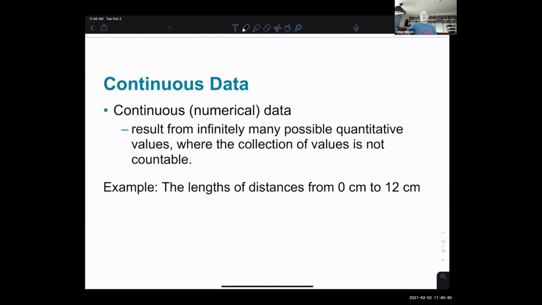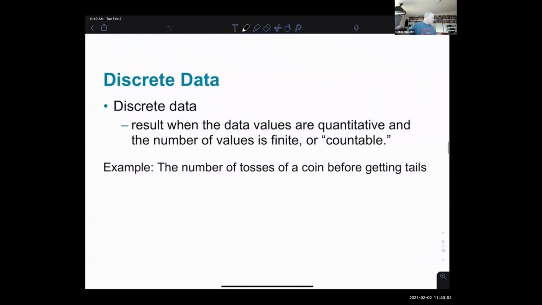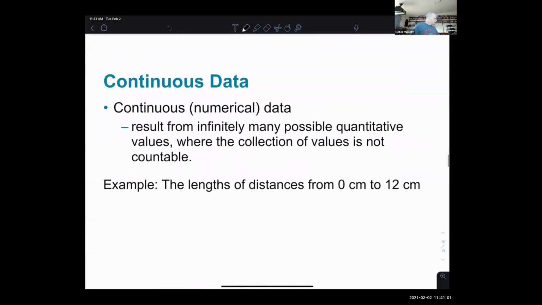The collection of values is not countable. The example they gave is lengths of distances from 0 to 12 centimeters. The previous example for discrete is the number of tosses of a coin before getting tails, and the example for continuous is lengths of distances from 0 to 12 centimeters.